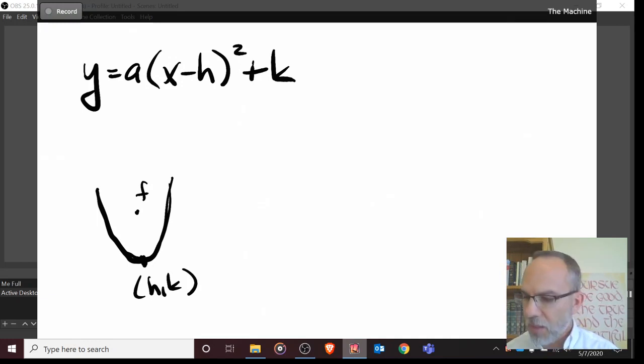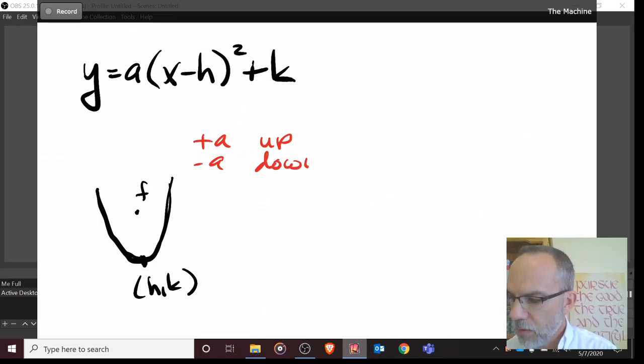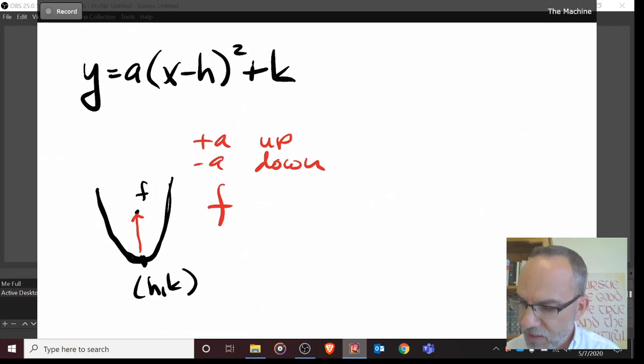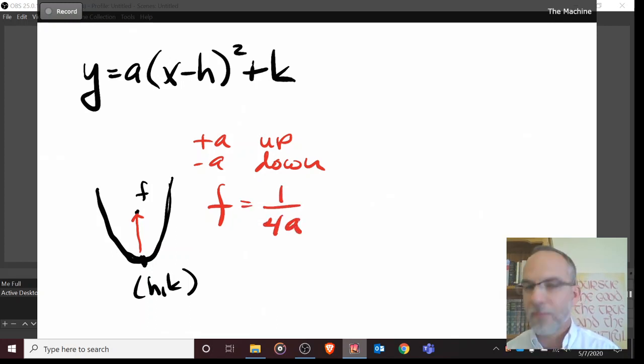And now let's talk about some particular things. You know that if a is positive, it opens up, and if a is negative, it opens down. But there's something involving the number a. Your focal distance, the distance between the vertex and your focus, right in there, f, is equal to 1 over 4a.